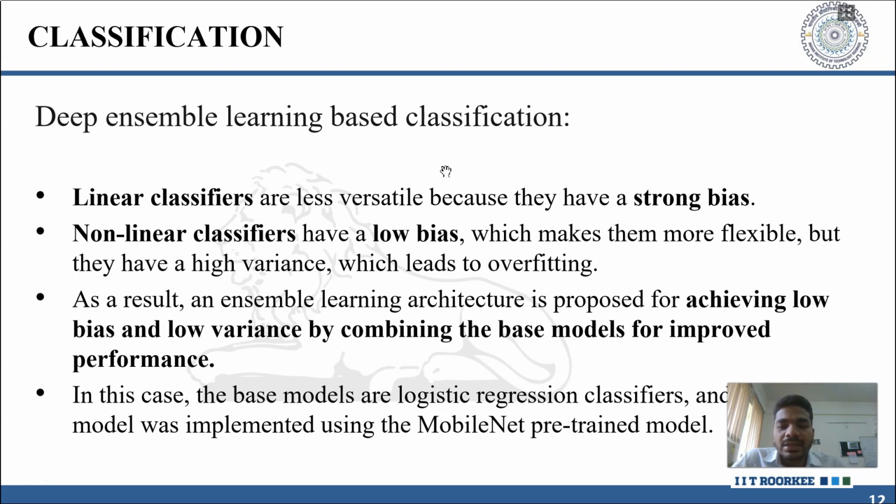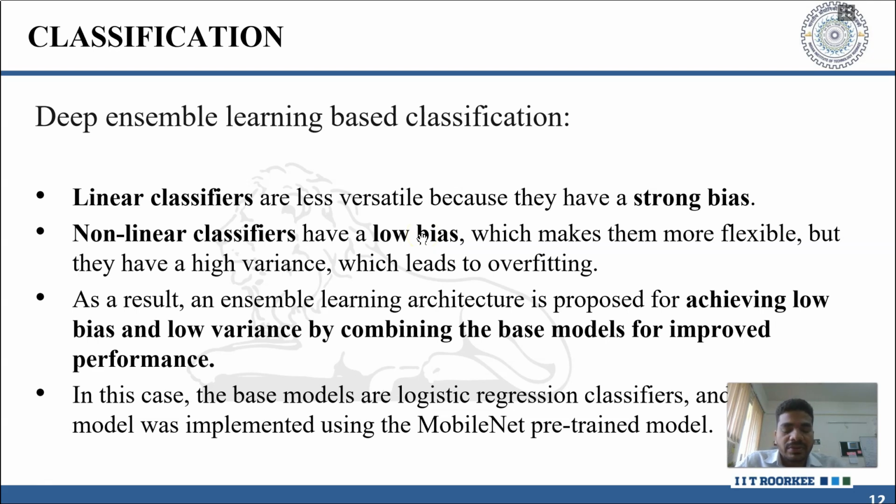As a result, we proposed a very good architecture, the deep ensemble learning model, an ensemble learning architecture proposed for achieving low bias and low variance by combining base models to improve the performance of a model. In this case, the base models are base classifiers.